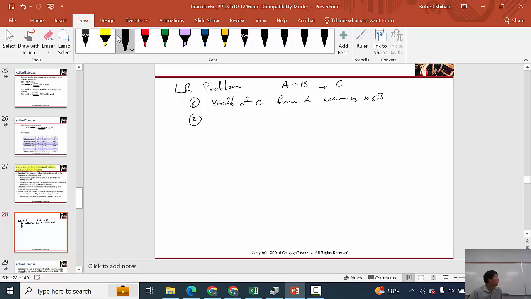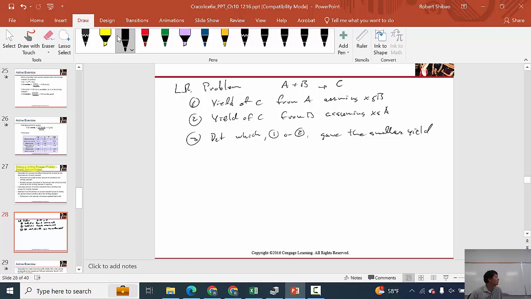Then 2, you calculate the yield of C from B, assuming excess A. Then 3, determine which one, 1 or 2, gave the smaller yield.